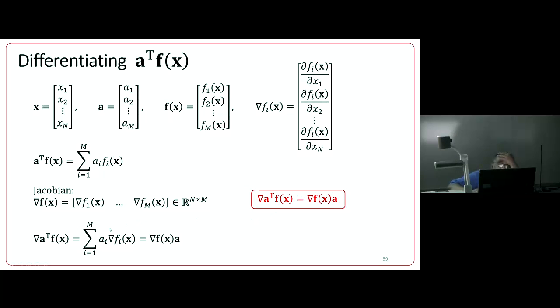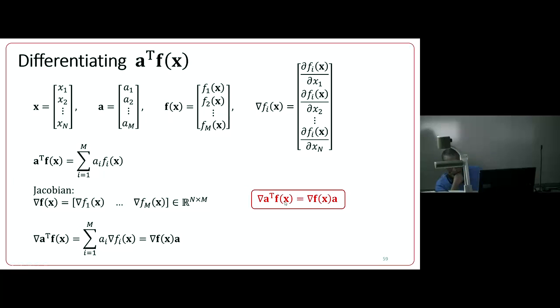Just to finish off, this Jacobian here is n by m. Sorry, this side, A transpose F is scalar. This is n by m times A, which is m by 1. So this will give us an n by 1 vector, right? On one side it's scalar and on the other side it's a matrix. No, this whole thing, A transpose F of x, is a scalar.